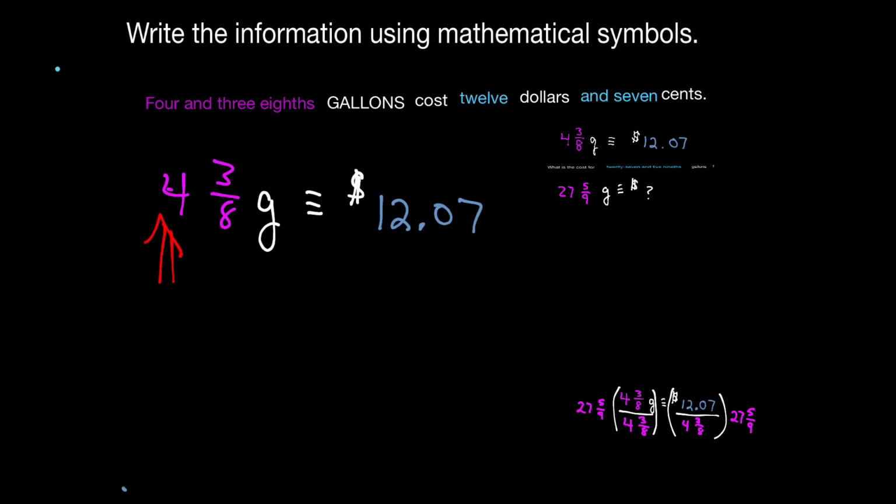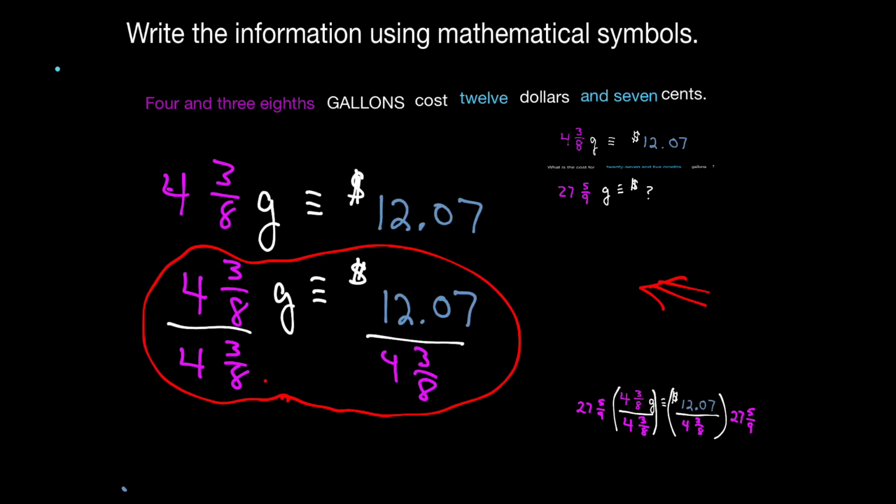So the first step is to write down the given information and look at what we're trying to find. We're trying to find out what 27 5/9 gallons cost. So we're going to get rid of the 4 3/8 by dividing both sides with 4 3/8.